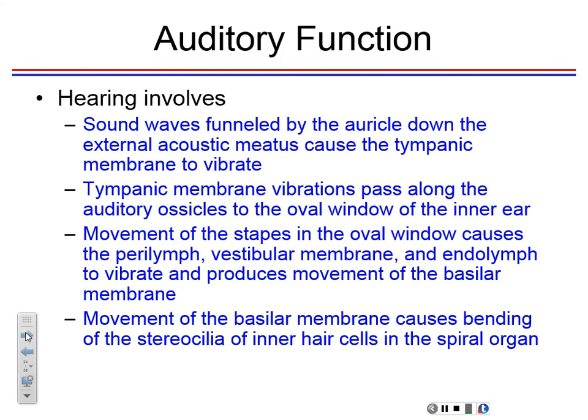And then when the scala vestibuli is agitated, it will then agitate the vestibular membrane, and then also the basilar membrane, because the perilymph is agitated, right? Once the basilar membrane is agitated, which is where the hair cells are located in the organ of Corti, then the hair cells will bend.